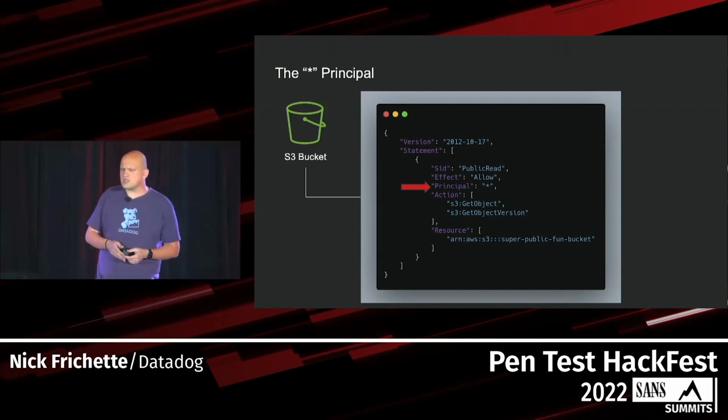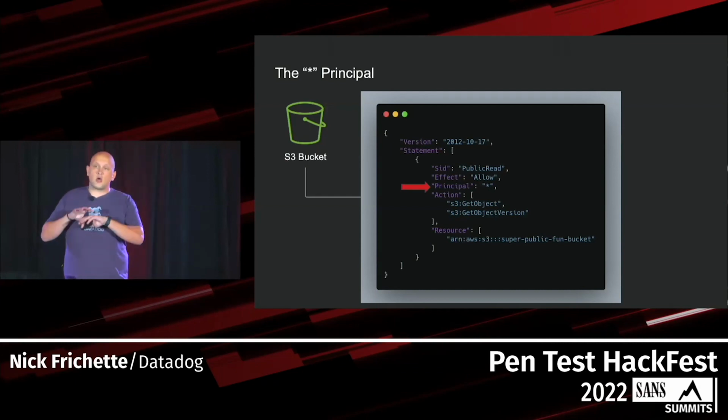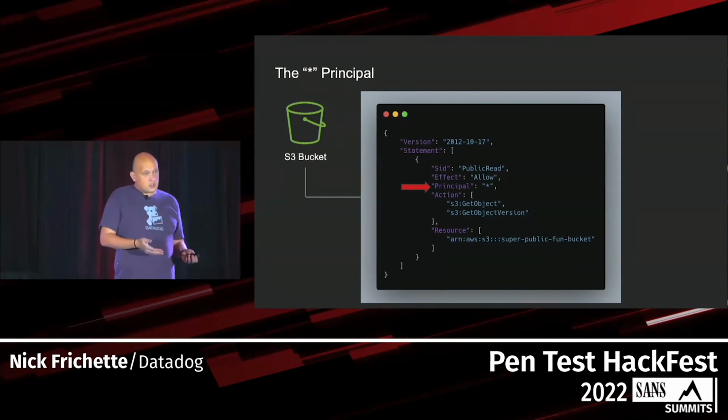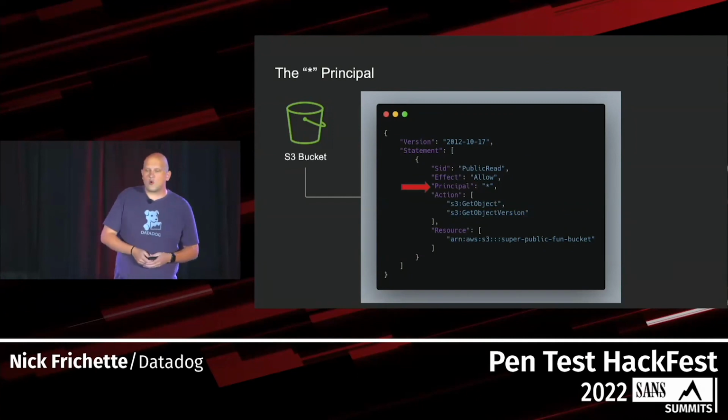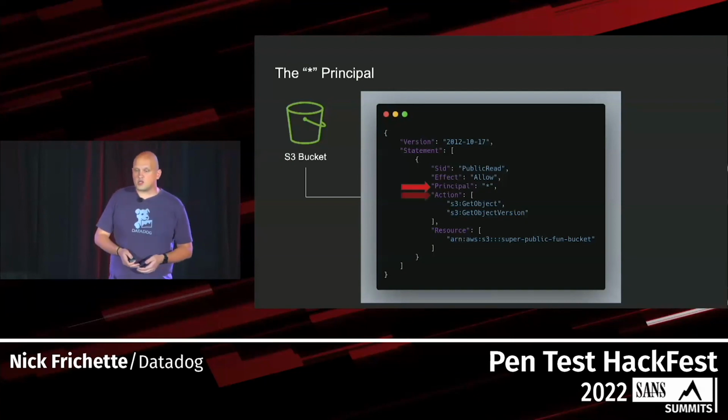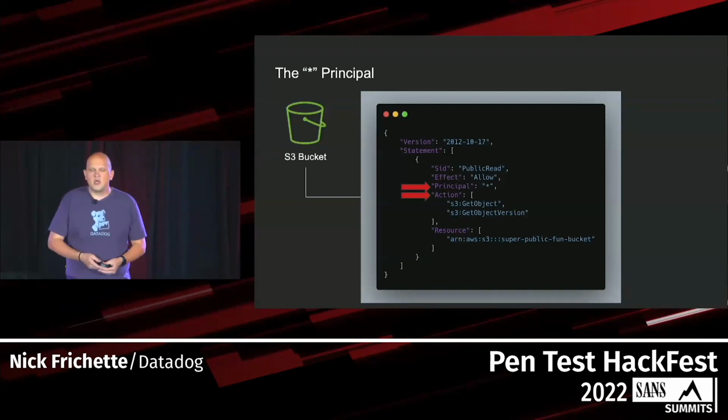Now, the star principal or the wildcard principal encompasses all AWS principals, not just those in the same account and not just those in the same AWS organization. It's everybody. And so in this situation, if we were to read this policy, what it would say is that this policy allows everyone the ability to perform the action S3 get object, or download an S3 object, on the resource super public fun bucket.